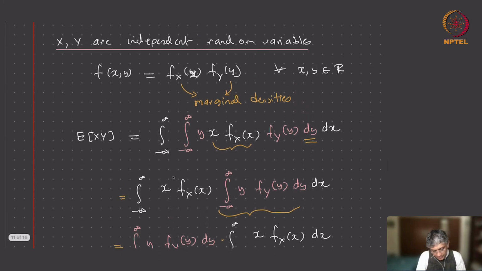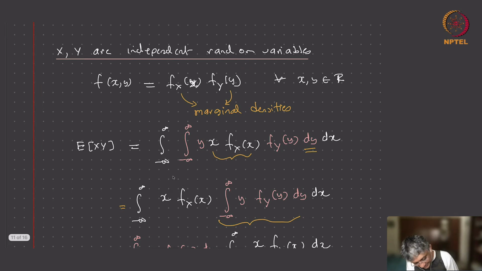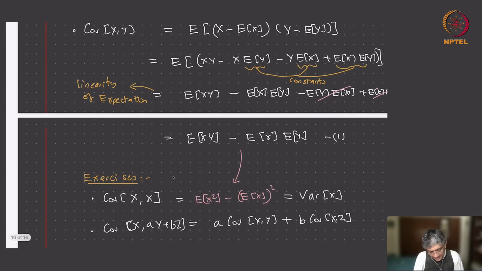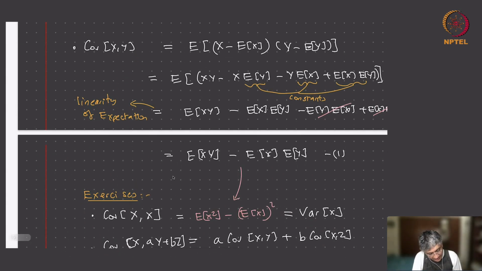So what have we shown? If X and Y are independent random variables, this implies that E[XY] is E[X] times E[Y]. But now covariance is just E[XY] minus E[X] times E[Y]. So let me copy this down.